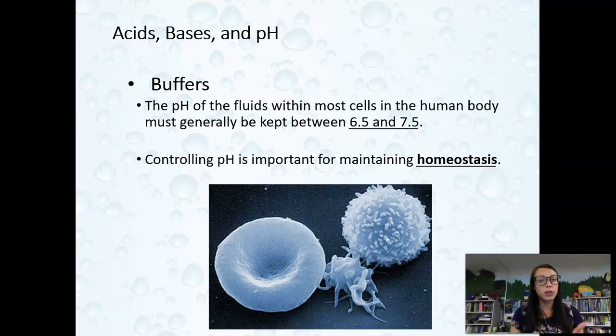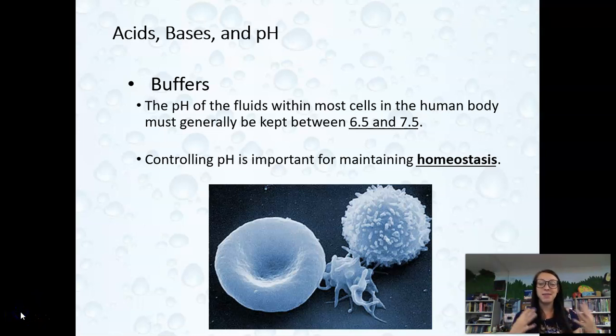And there are certain components of your body that might be more acidic or might be more basic, but in general, your body likes to be neutral. And that's where these things called buffers come into play. The pH of fluid within most cells in the human body has to be kept between 6.5 and 7.5, which is about neutral. Buffers are weak acids or weak bases that can be mixed with substances, allowing the pH to stay moderately neutral, thus allowing us to maintain homeostasis.